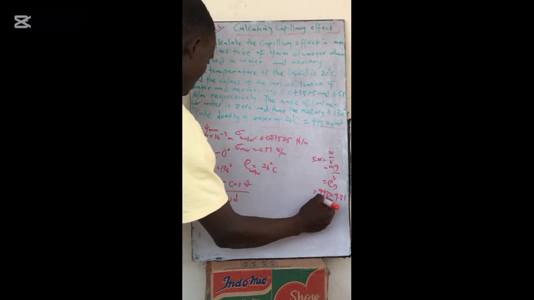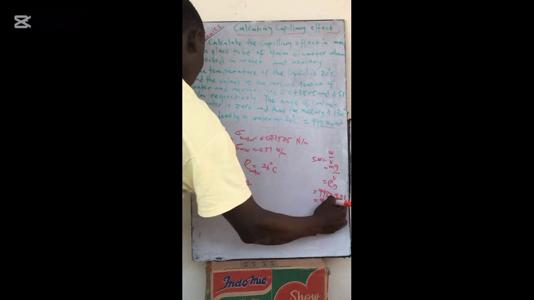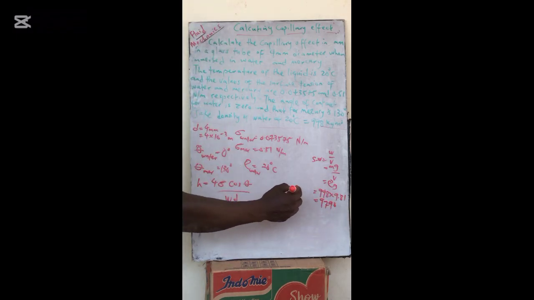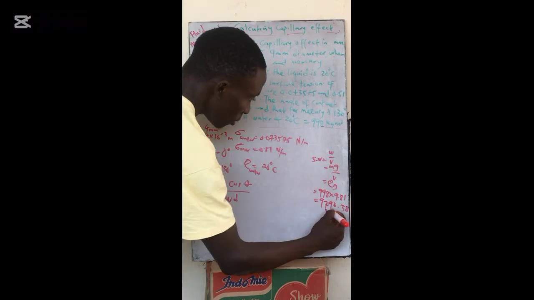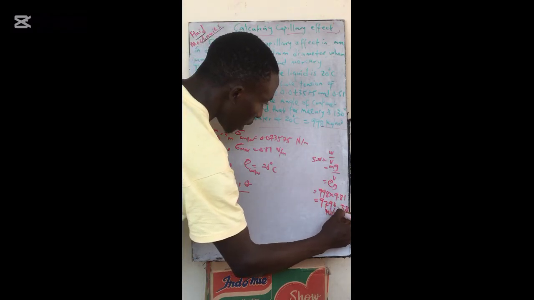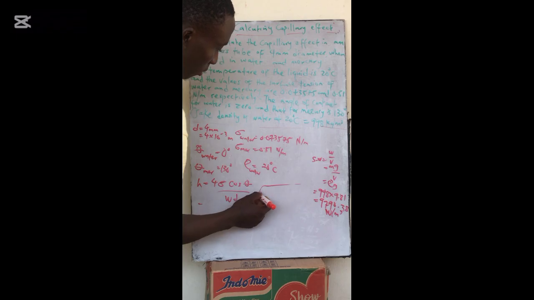That should be 9,790.38 Newton per meter cube. So now we are going to be calculating for water and for mercury. So the effect for water and the effect for mercury. So let's go calculating for water now.